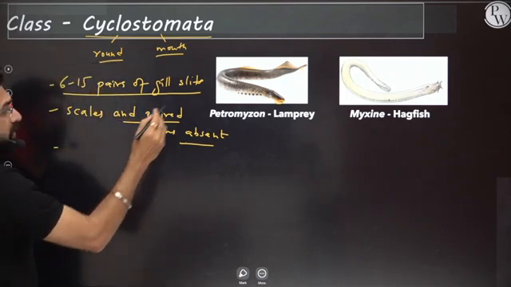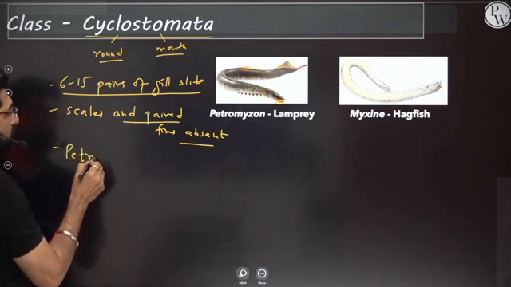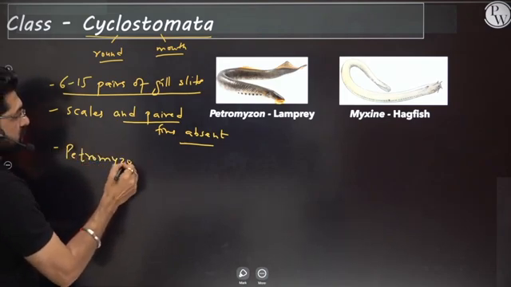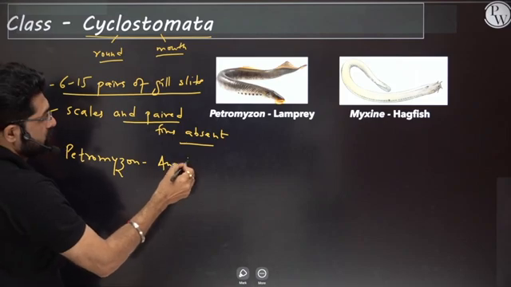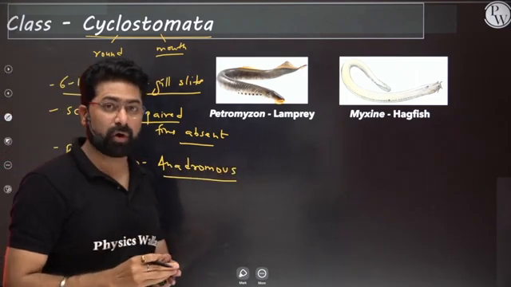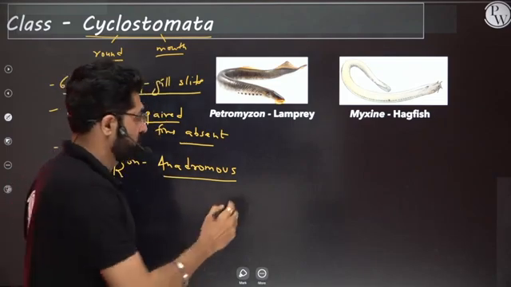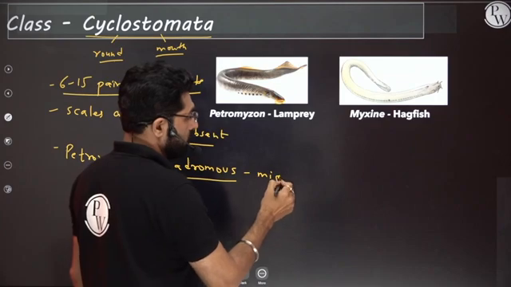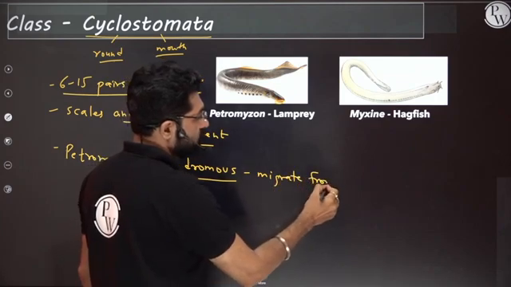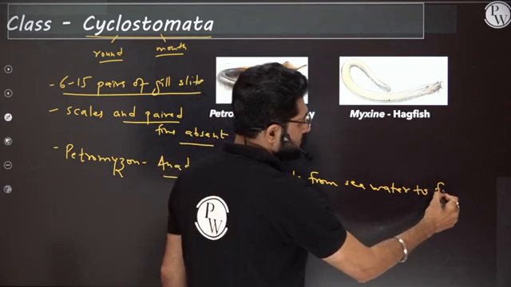In this case they are mostly anadromous, like Petromyzon. What is anadromous? It means they migrate from sea water to fresh water for spawning.